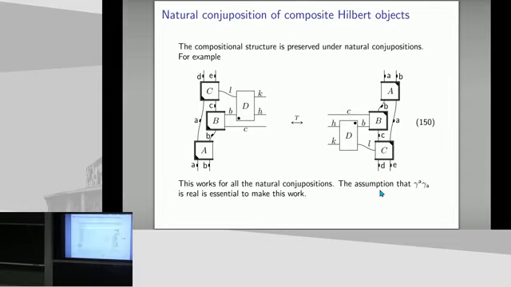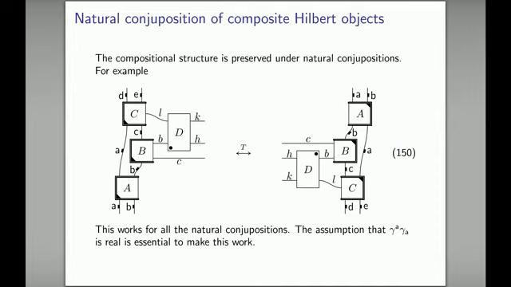Okay, and this also, you have the property that the compositional structure is preserved under these natural conjupositions. In this case, it's essential that you have this assumption that gamma A superscript times gamma A subscript is real. Otherwise, it fails. It took me a while to understand that.